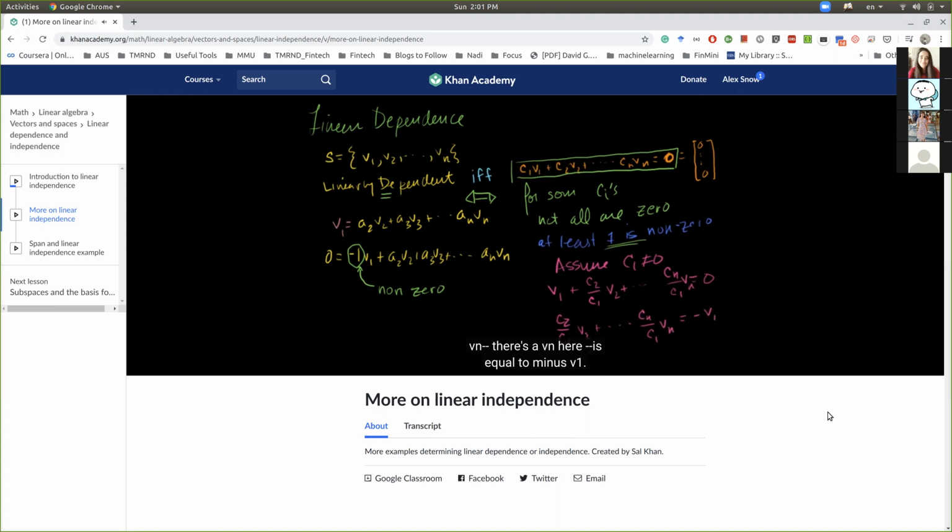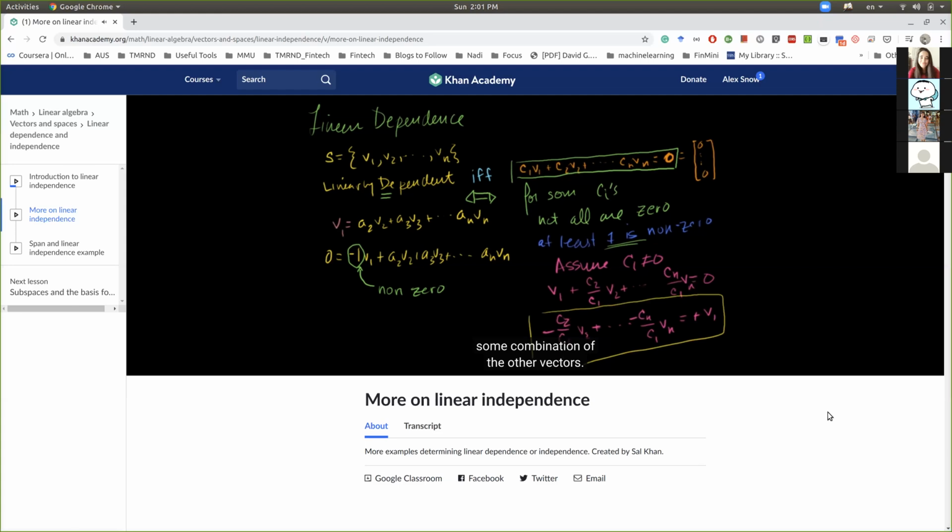Now if I just multiply both sides of this by negative 1, I get a minus, and all these become minuses, and this becomes a plus. And I just showed you that if at least one of these constants is non-zero, I can represent my vector V1 as some combination of the other vectors.